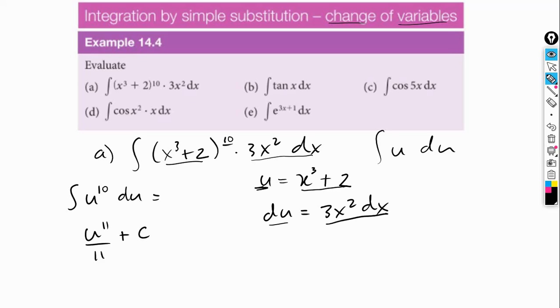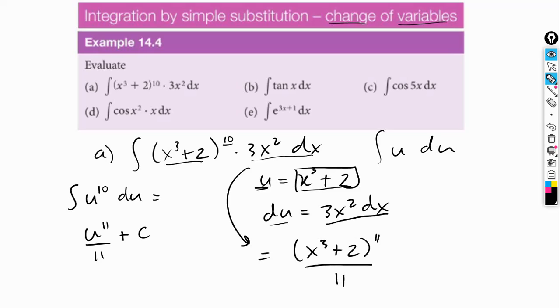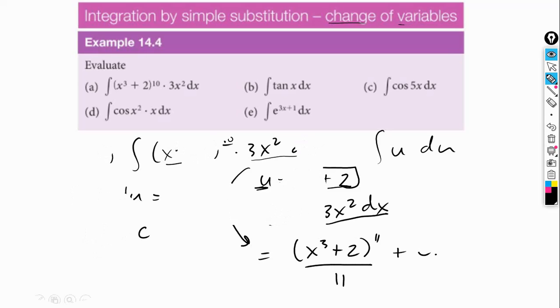Since we said that u is equal to x cubed plus 2, we can plug that back in. And we can say then that this integral, the original one, is going to equal x cubed plus 2 to the power of 11 over 11 plus c.